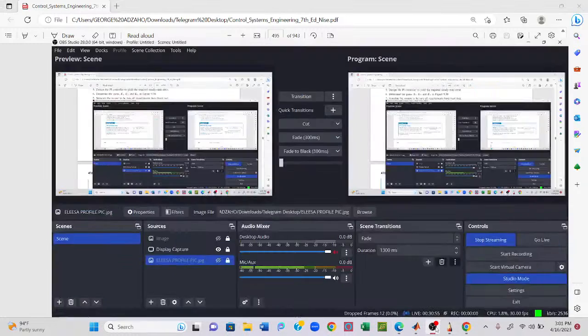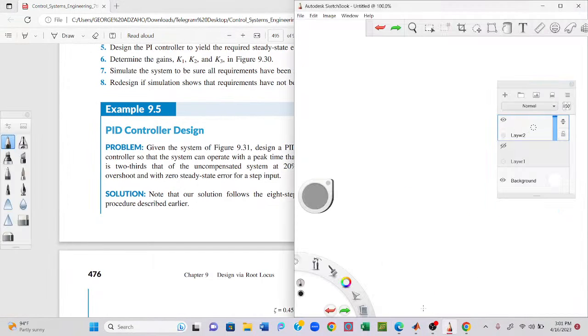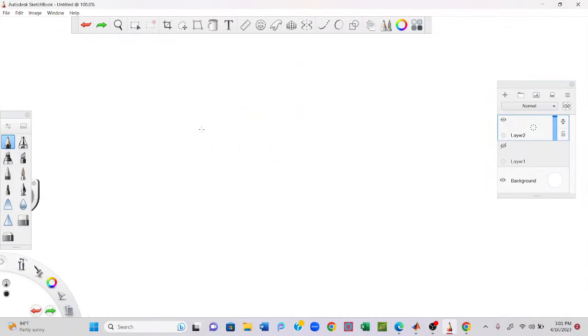Let's write down the parameters. The new T peak is equal to 2/3 of the old T peak, and the percentage overshoot is 20%.